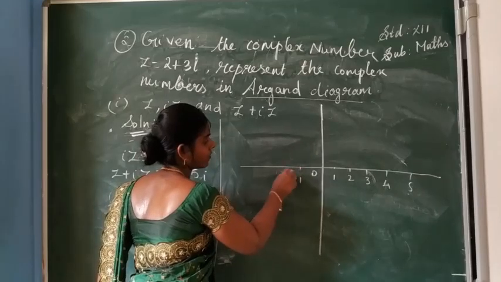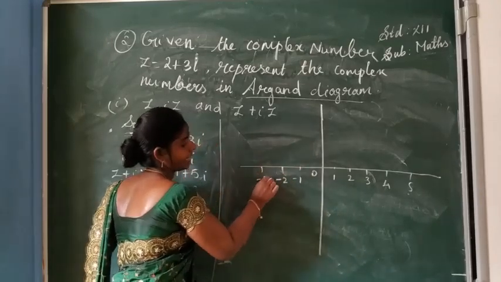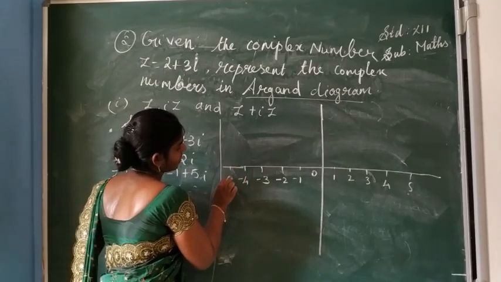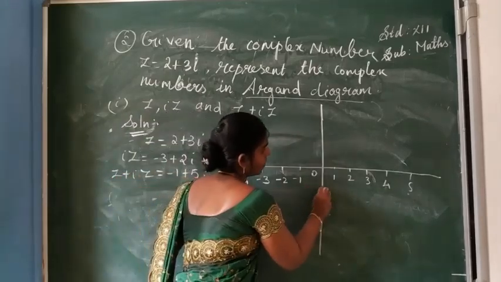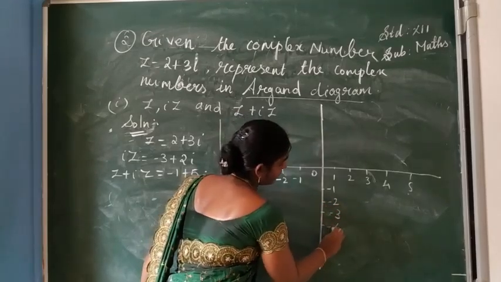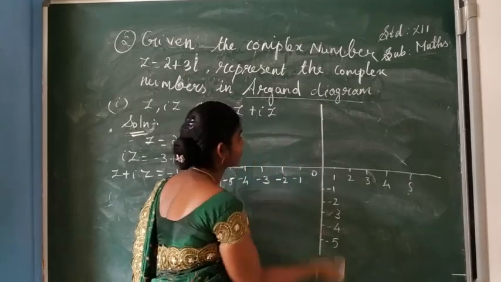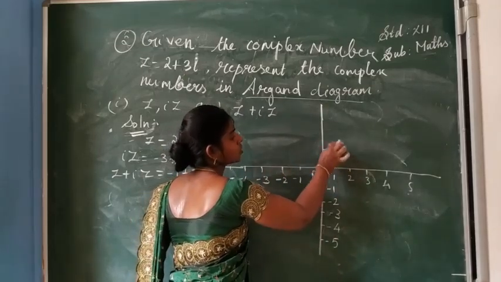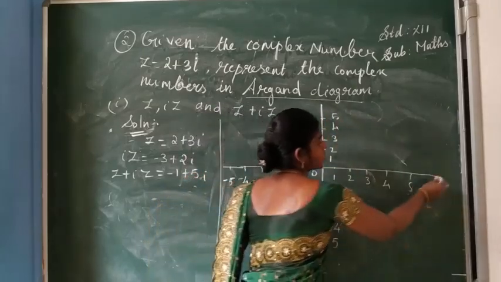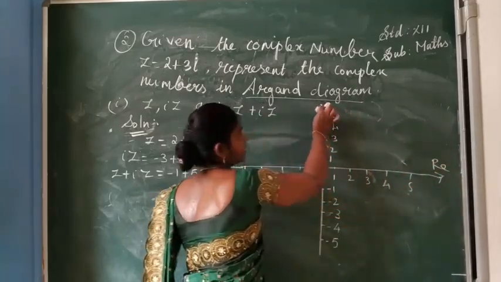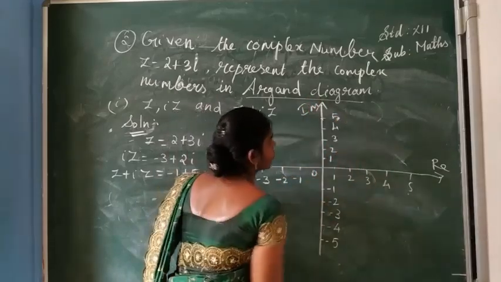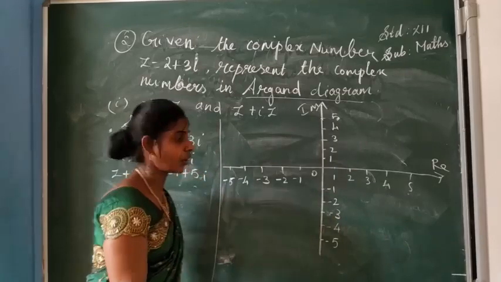This side minus 1, minus 2, minus 3, minus 4, minus 5, minus 1, minus 2, minus 4, minus 5. Here 1, 2, 3, 4, 5. So this is real part and this side is imaginary part. Now we can plot the points.